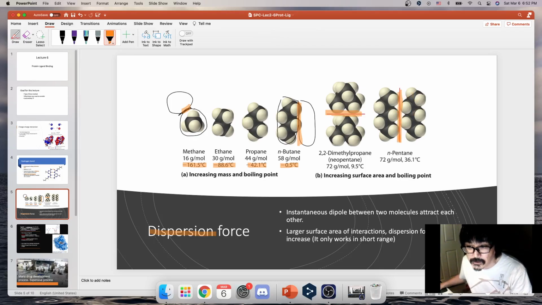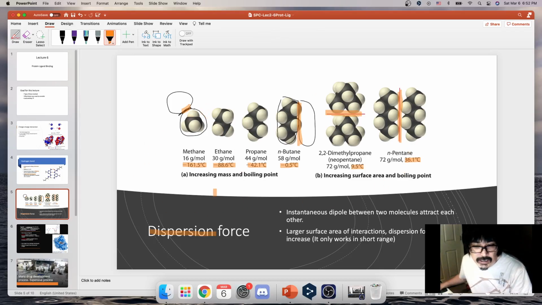So for that reason, even though they have the same number of atoms and the same chemical formula, n-pentane has a much higher boiling point compared to neopentane.